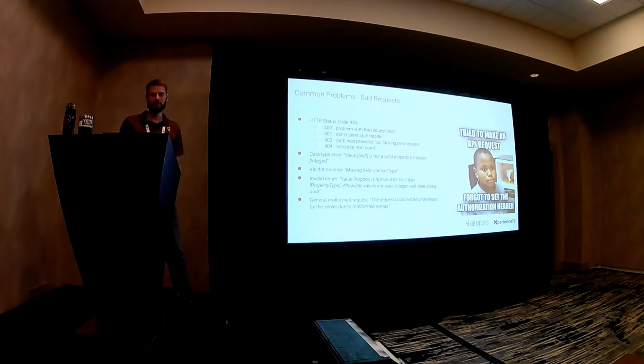So if you get that message that says the request could not be understood by the server due to malformed syntax, that one means you made a typo, you left off a curly brace or a comma or have an extra bracket or something. The server just tried to parse your request and it just couldn't figure out what was wrong with it, because it's a computer, not a human, and if your JSON is not well formed, you're going to get that exception.